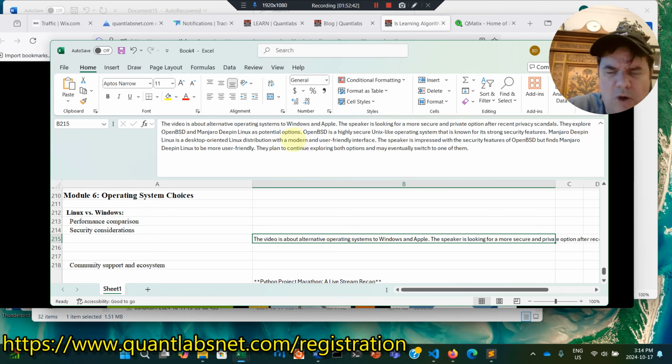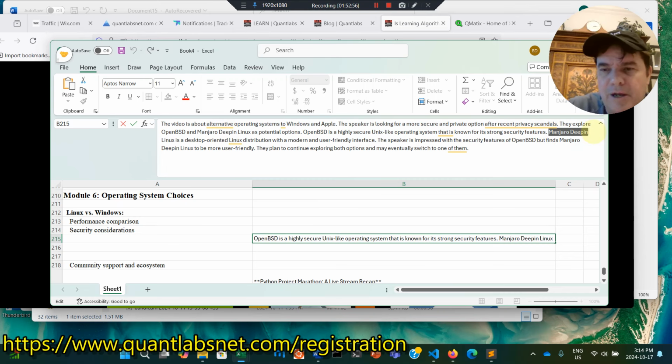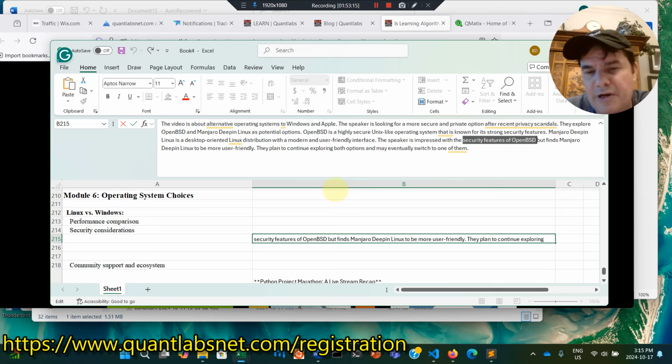If you're worried about that, one good option is OpenBSD, which is a very secure Unix-like operating system known for its security features. Now, if you want more of a pretty Linux distribution on the desktop, Manjaro may be a good option. Deepin as well, with some options there demonstrating that. So to understand, OpenBSD is an advantage to be on and something to consider if you're very advanced.